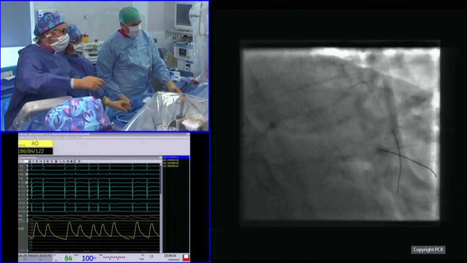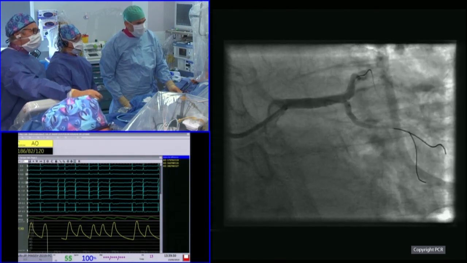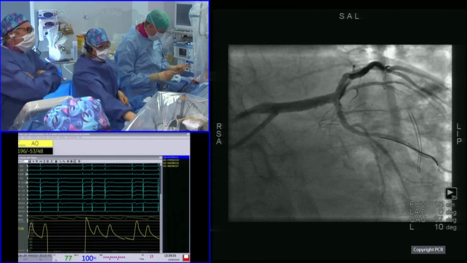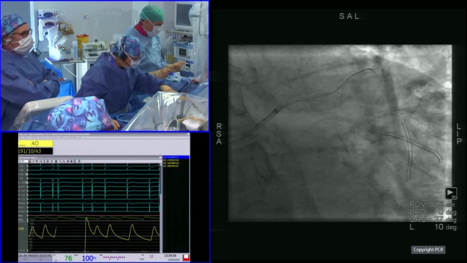I think the angio will be good. I think thanks to the POT, we have already a good result in the circ.